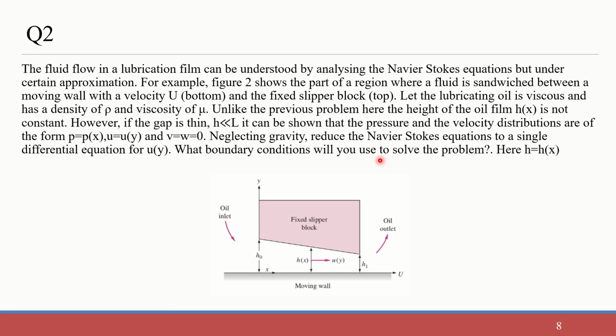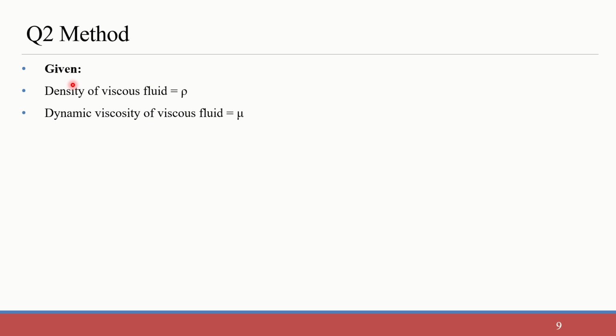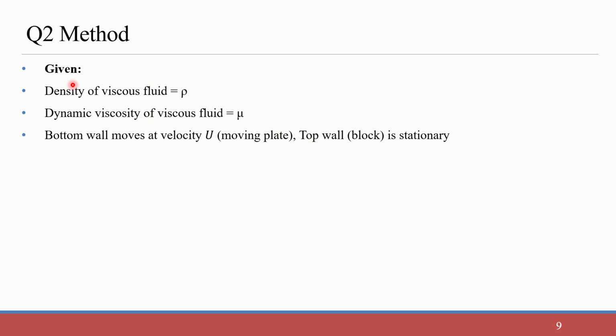It is a kind of theory question, so we will see how to solve the problem. Since it is a theory problem, we are just going to see the method. First, let us see what is given in the question one more time. The density of the viscous fluid is given as rho, and the dynamic viscosity is given as mu.